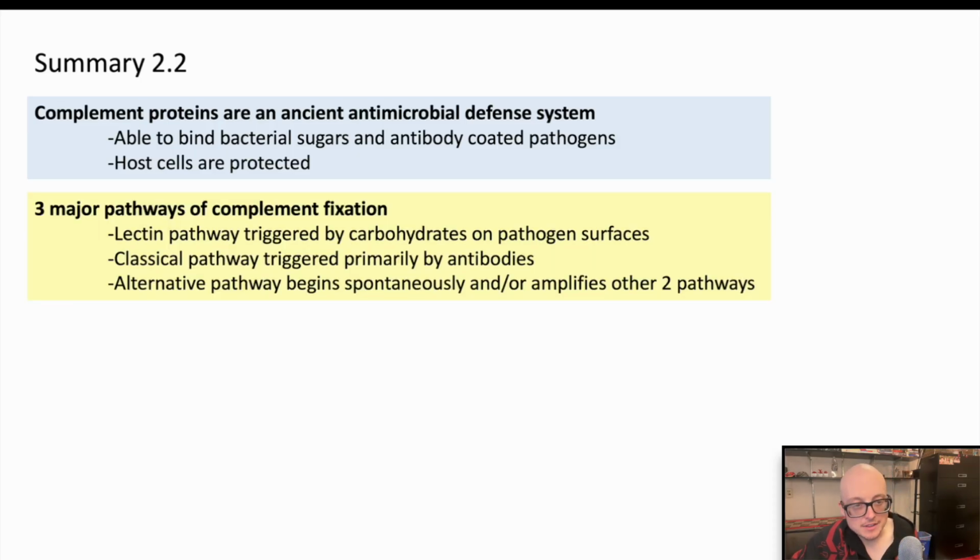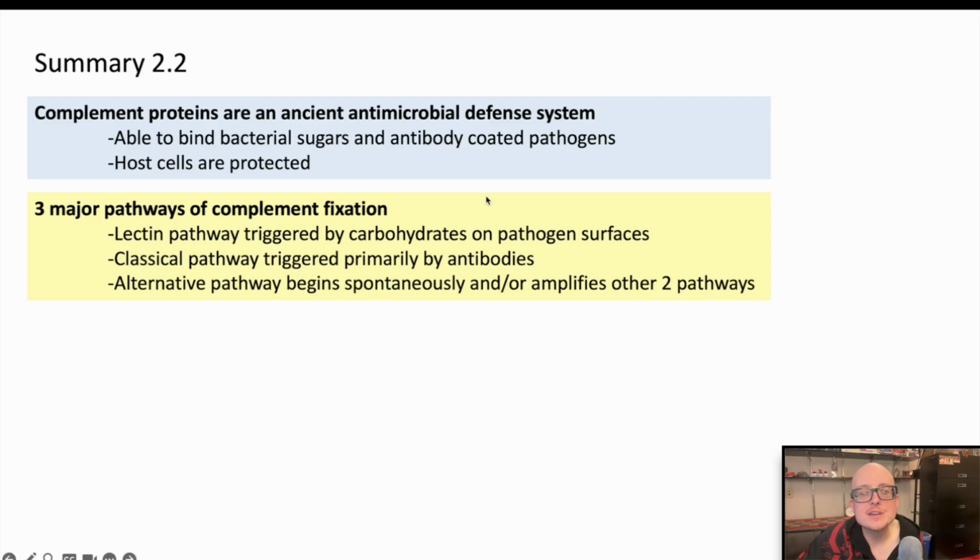There are three major pathways for complement reactions. Another commonly used term that I haven't used yet is fixation. We say that complement fixes itself to the surface of pathogens, meaning attaches to the surface of pathogens.